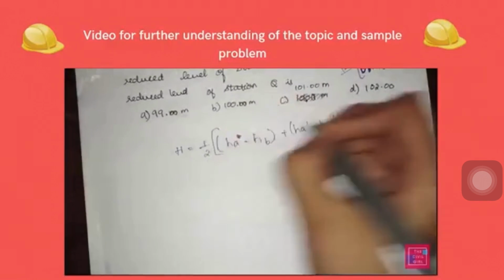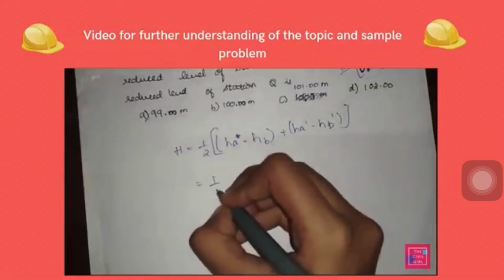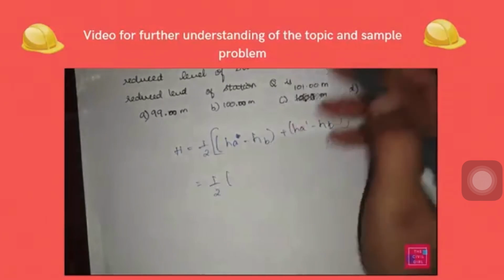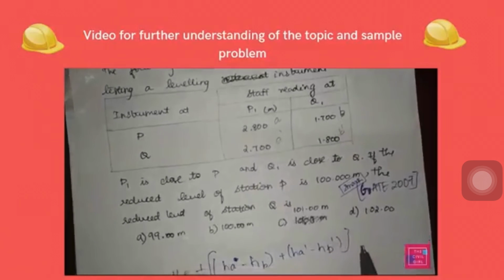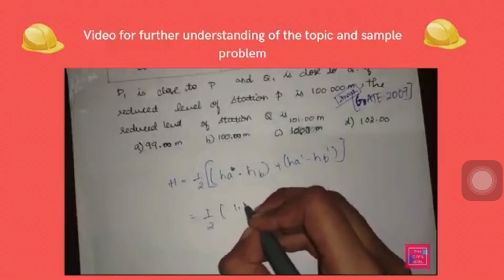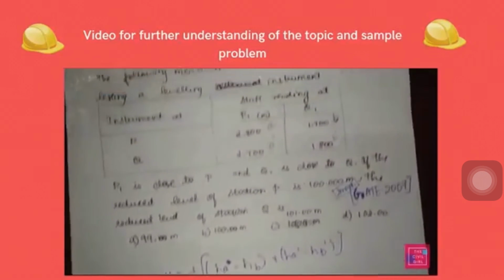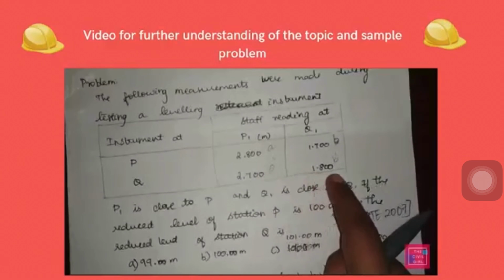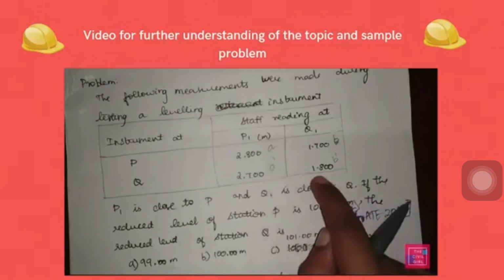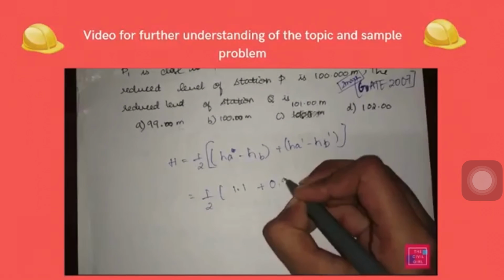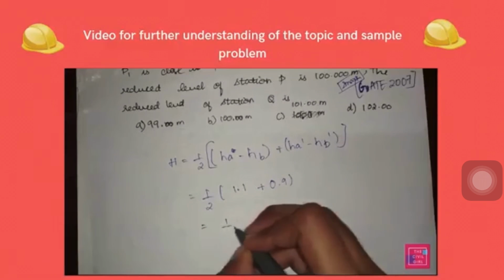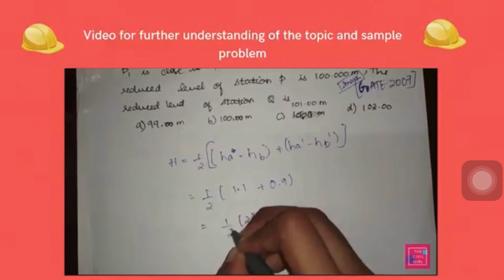This 1 by 2 into HA minus HB is 2.8 minus 1.7, which is 1.1, plus HA dash minus HB dash, 2.7 minus 1.8, which is 0.9. So this is 1 by 2 into 2. So the difference H is 1.